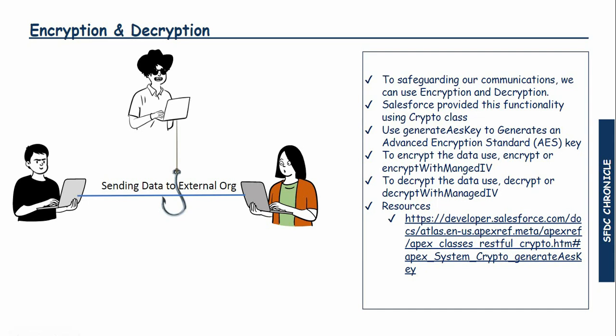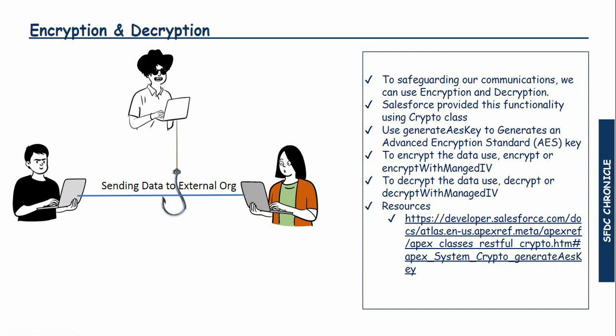So there are options that the Crypto class provides us to encrypt and decrypt the data. One is encrypt, another one is encrypt with ManagedIV, and similarly decrypt and decrypt with ManagedIV.